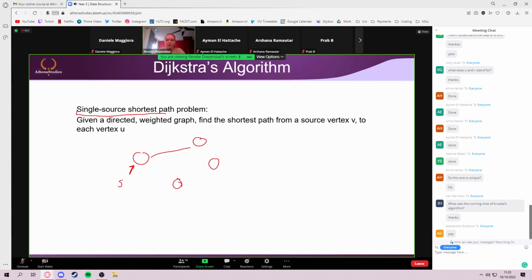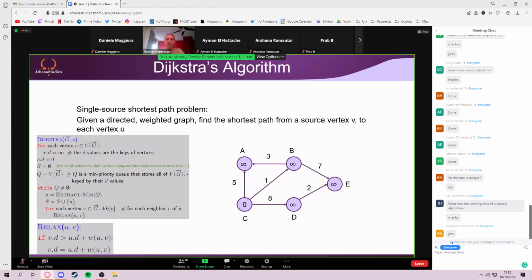Let's give it some edges as well. We want to be able to find the shortest path from this vertex to this vertex, as well as to this vertex and to this vertex. That's sort of what we want to do. And we have a nice little algorithm for this, and we're just going to go through it step by step.